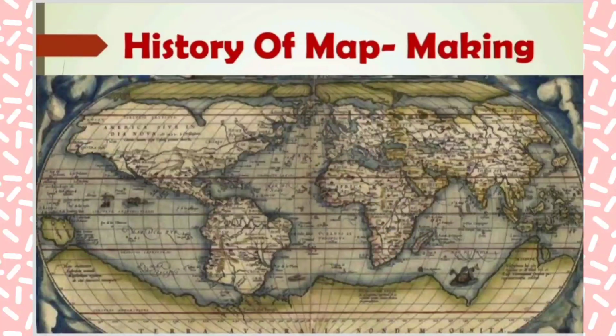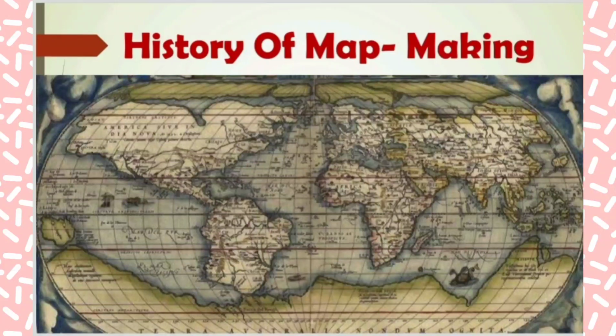History of map making. In ancient times, different materials were used to make maps. The Babylonians used clay tablets, the Egyptians used metal plates, and the Eskimos used animal skin to make maps. These maps were not very accurate, but as new lands were discovered and as people started traveling to distant lands, the quality of maps improved.